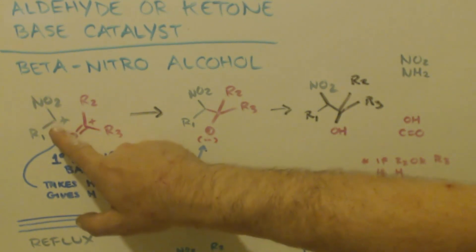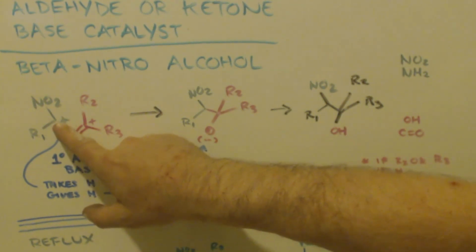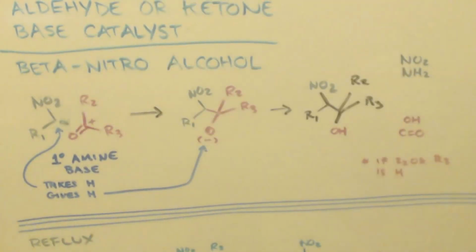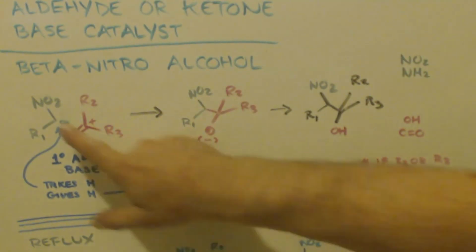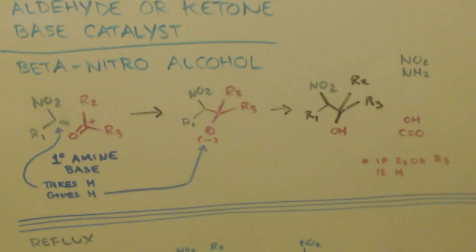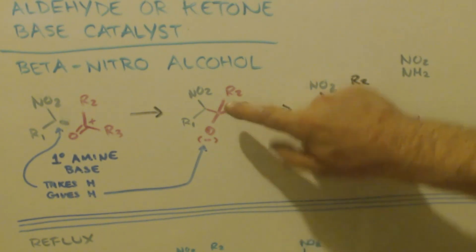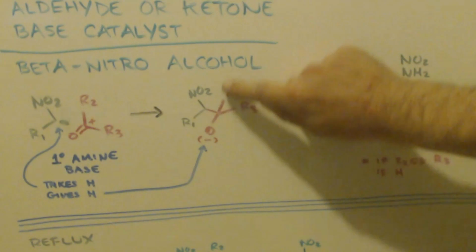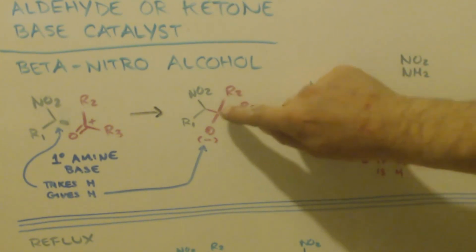It comes and it snags that hydrogen off of there. There's two hydrogens, even though they're not shown. Snags one of the hydrogens. When it does that, this is now negative because it took the proton, right? It took a positive proton and left it negative. Now you have a negative and a positive. Now they can link up like magnets, right? I want you to look over here. Here's your nitroalkane, and here is your ketone.